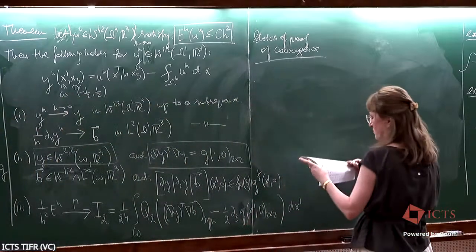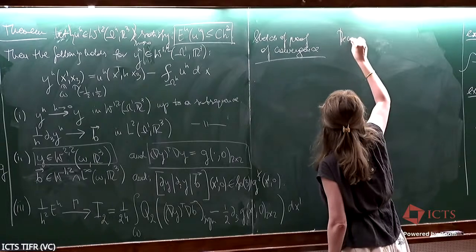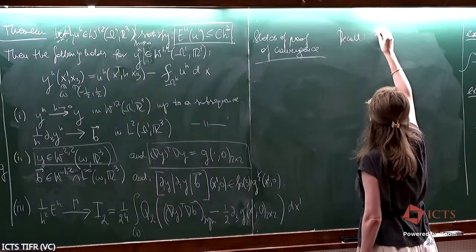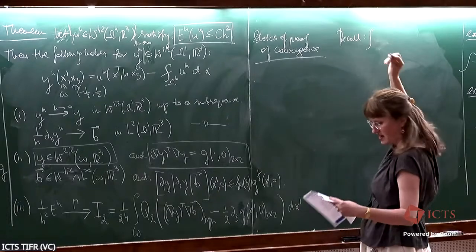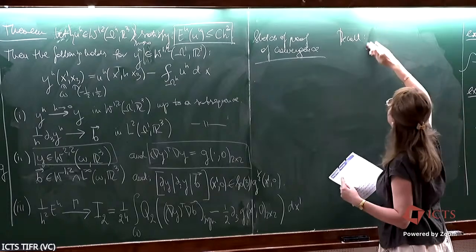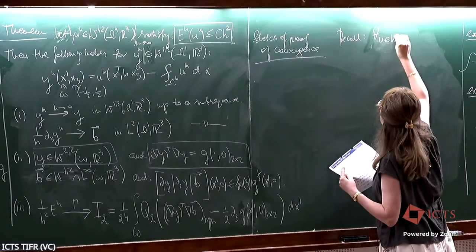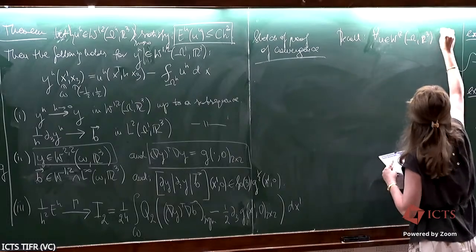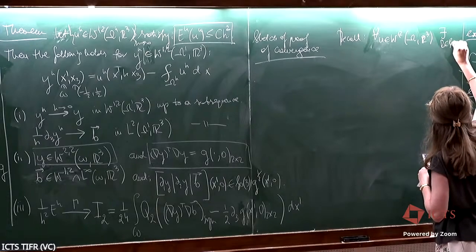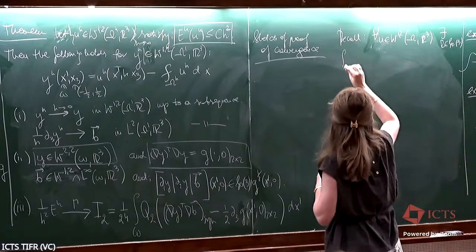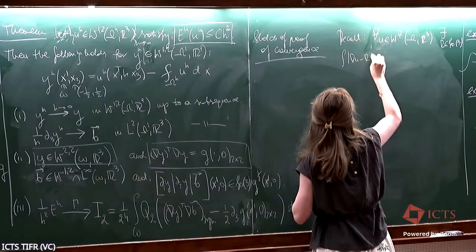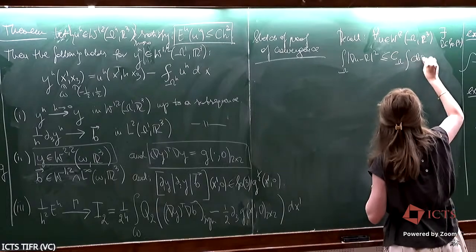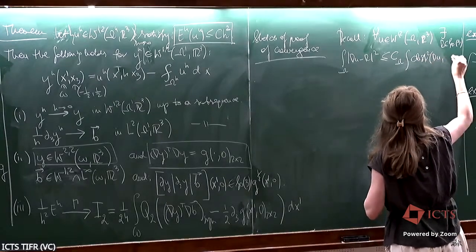So sketch of proof of convergence. Recall the rigidity estimate. So for every u in W^{1,2} from some omega to R^3, there exists a rotation in SO(3) such that the integral of gradient u minus this rotation squared is bounded by a universal constant times the distance squared of gradient u from SO(3).